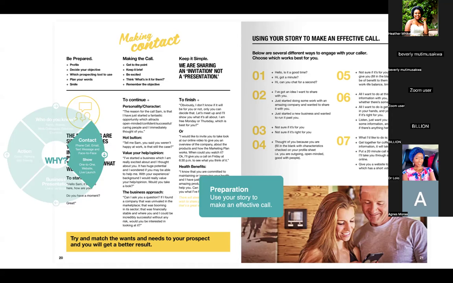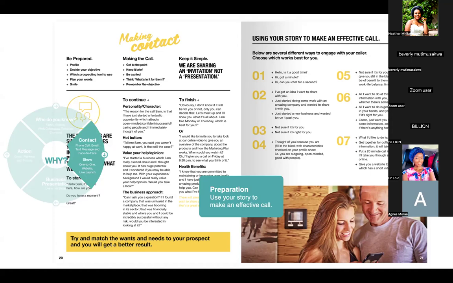And then, if it's someone that you know, ask them, you said you weren't happy at work. Is that still the case? Because this now is a person that you know what their issues are. If they are not someone like that, then obviously you can't use that approach, because you wouldn't know what they are unhappy with.